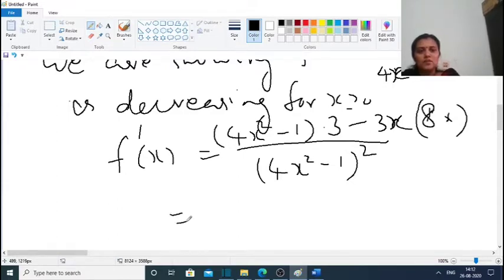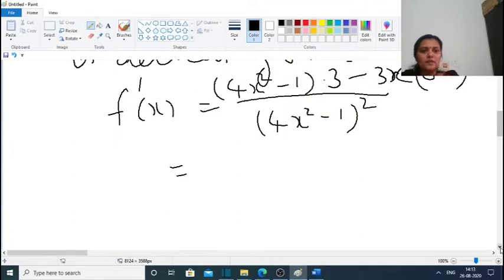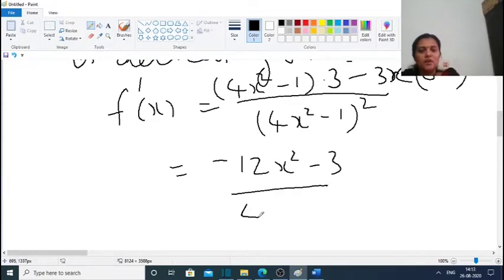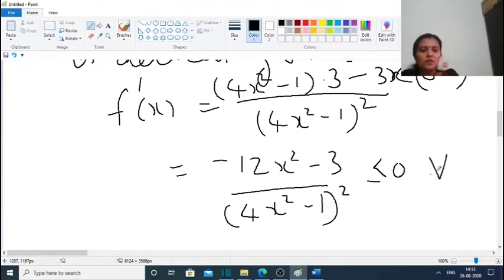So this value is equal to 4x square into 3, 12x square minus 24x square, this is minus 12x square minus 3 by (4x square minus 1) all square. This value will be less than or equal to 0 for all x greater than 0.